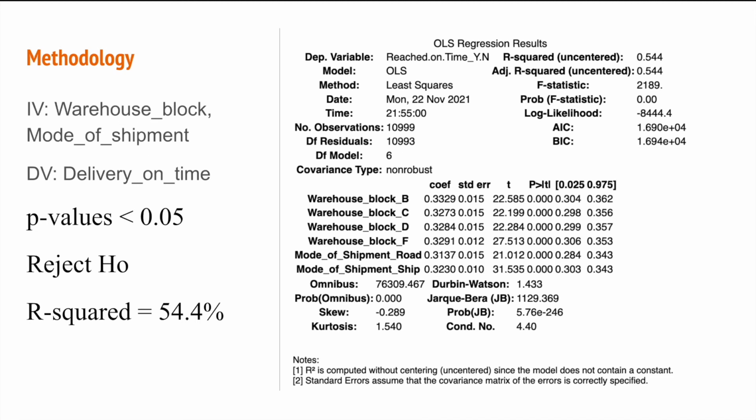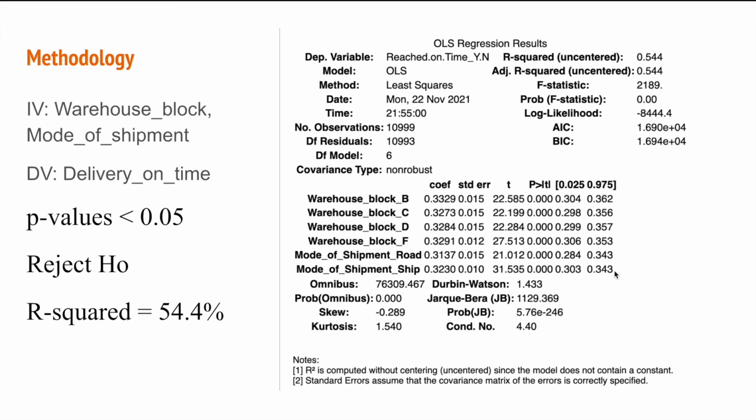The independent variables we have are warehouse blocks B, C, D, F, and mode of shipping, and we try to use the shipping road and shipping ship, and we try to find the relationship with the dependent variable, delivered on time, and the table on the right.